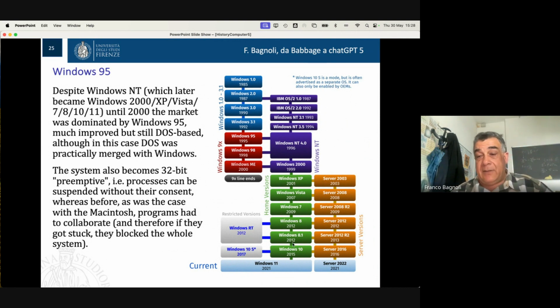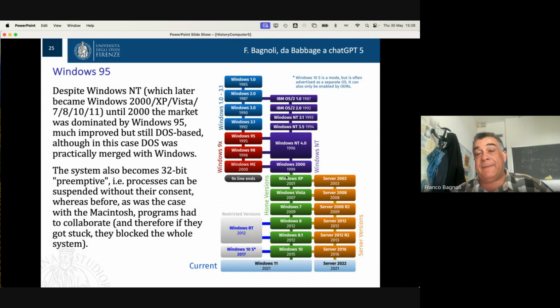And then you can see that now we are essentially here with this Windows, the second Windows generation. So essentially the switch from here to here is from cooperative multitasking to preemptive multitasking.